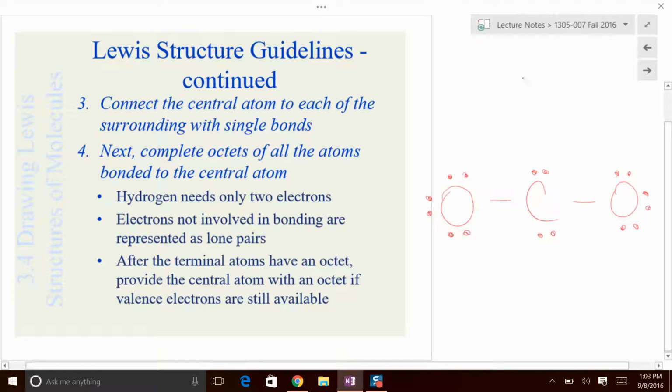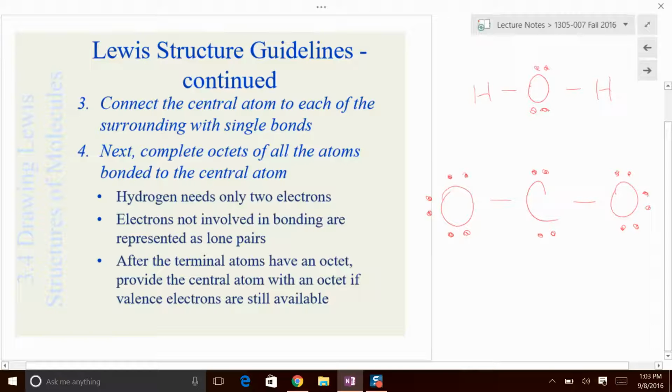Now, let me just show you with water. I would only need to complete the octet on oxygen because hydrogens cannot hold 8 electrons. So that is an exception to this rule, complete the octet on all atoms, except for hydrogen.